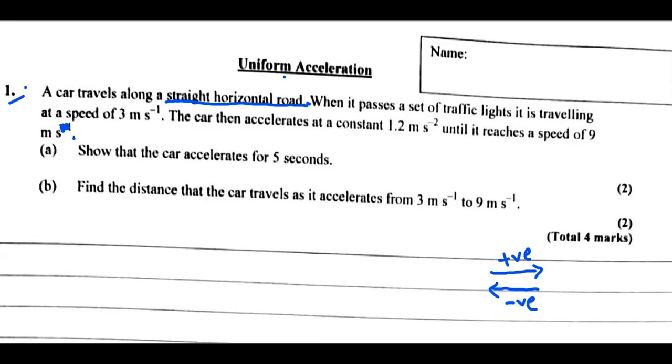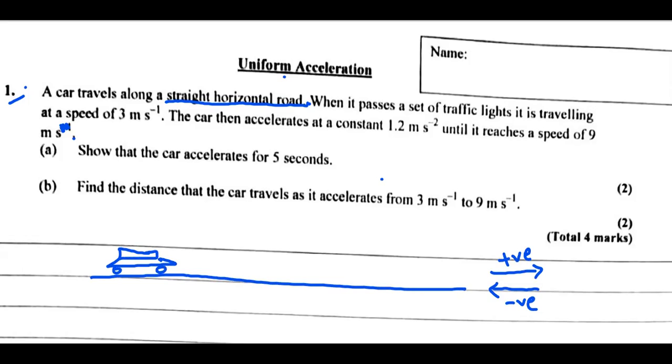Okay, so let's make the diagram. This is the road. And we have a car. Let's say of this type, okay.